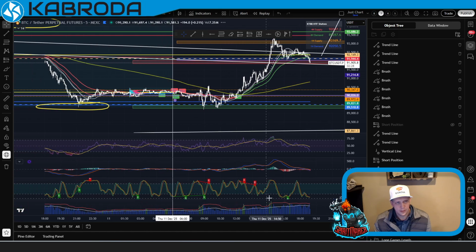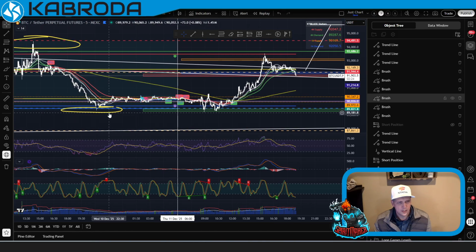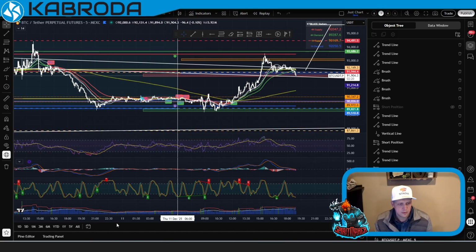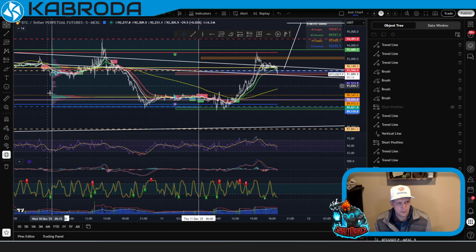Now, without using the GPT, we could zoom out a little bit. I do have the fixed range volume profiles on that tool that we've talked about many times. So I have the 24-hour, I have it marked right through here. Now you can see there's the top and there's the bottom of that pattern. And then right here is the volume area low, right down here on the daily support, which we definitely tested, that nice little area.